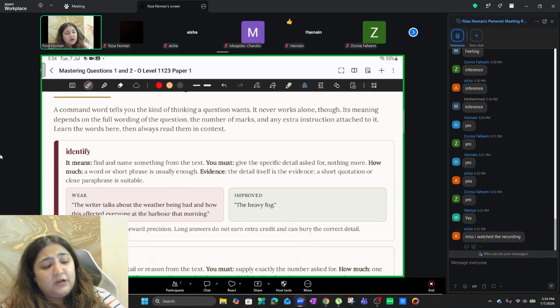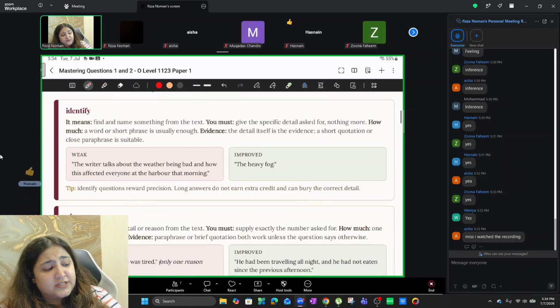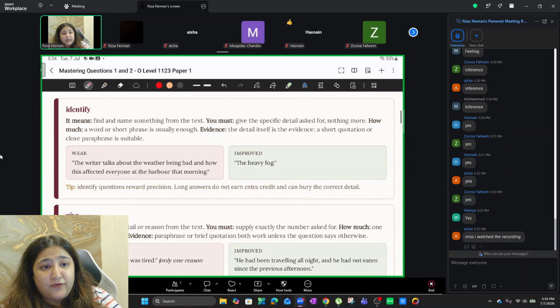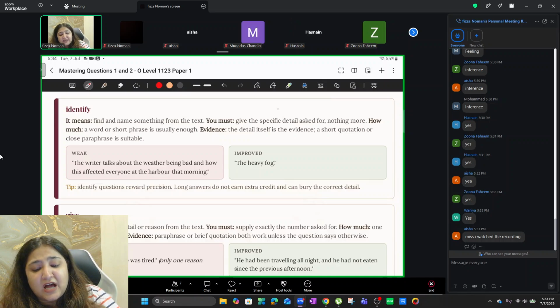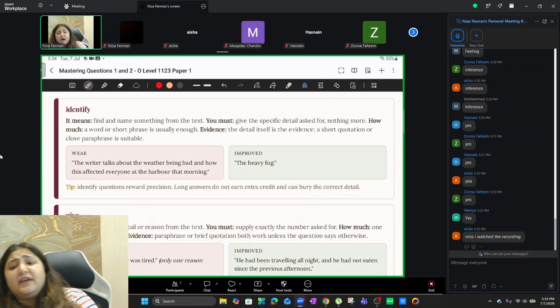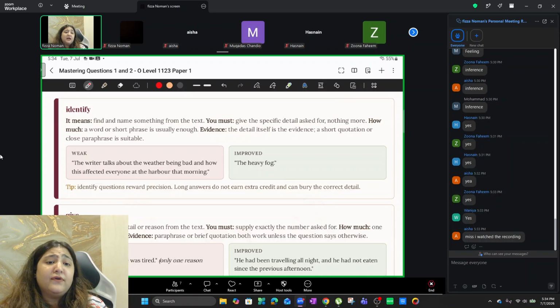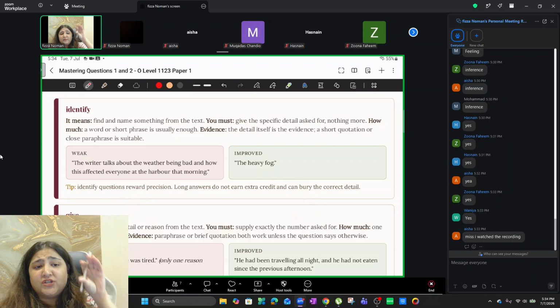Okay. So, let's start with the first command word yet again. Identify. It means find and name something from the text. You must give the specific detail asked for. Nothing more. I think identify and give are the easiest command words you will come across because they simply want you to write down the information as it is, generally, unless you need to paraphrase it a bit.